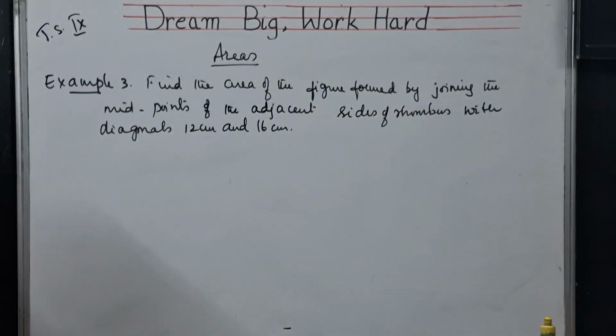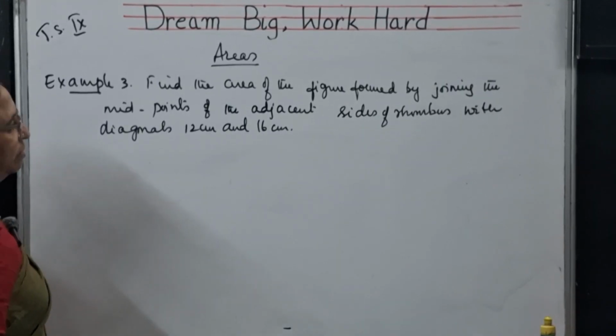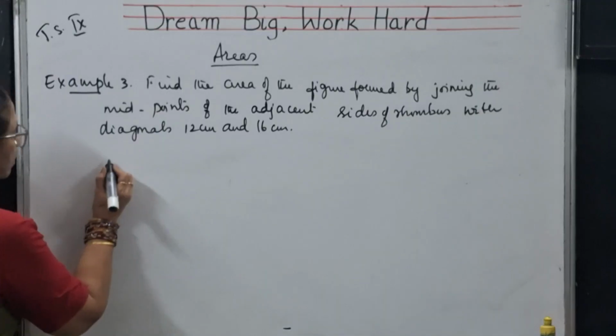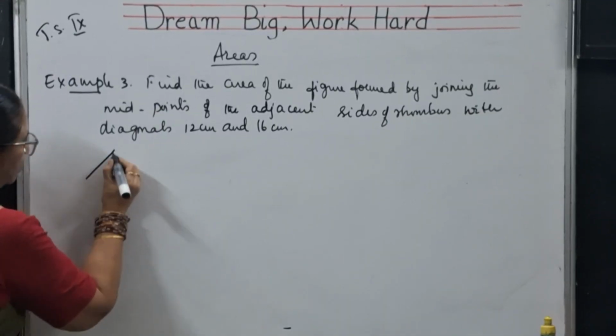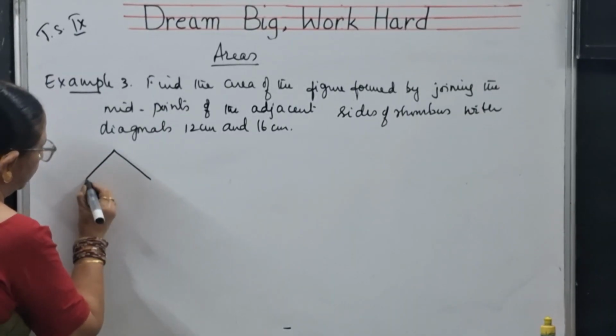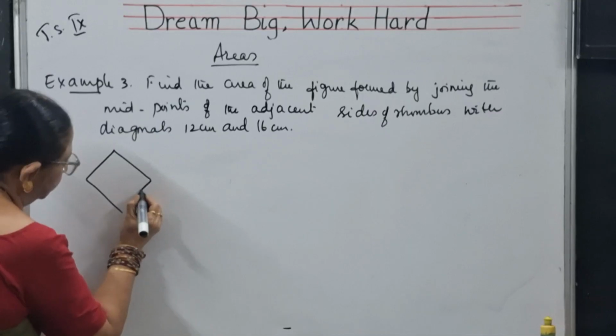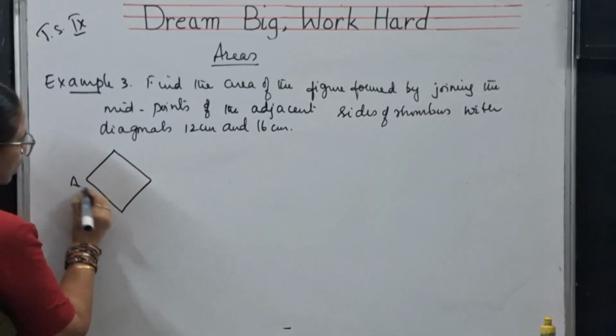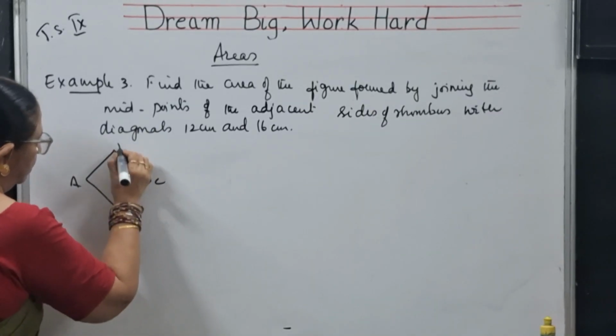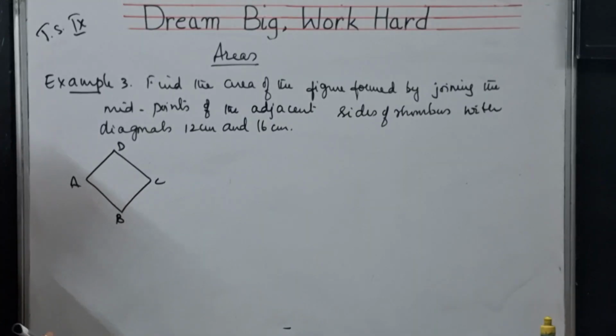Now example 3, children. Find the area of the figure formed by joining the midpoints of the adjacent sides of a rhombus with diagonals 12 centimeters and 16 centimeters. So let us draw a rhombus. Usually we draw rhombus like this. ABCD is a rhombus.